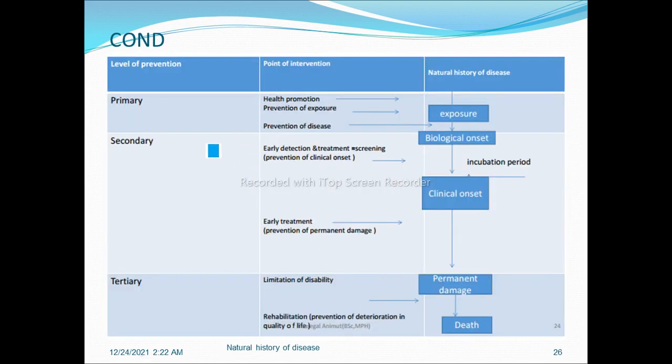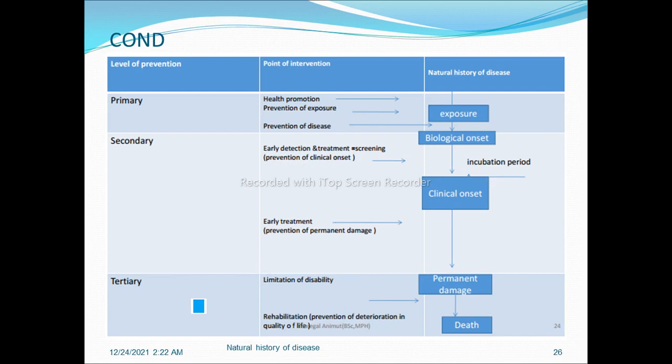Primary prevention includes health promotion, prevention of exposure, and prevention of disease, at the exposure or susceptibility stage. Secondary prevention is done at early detection and treatment, maybe screening, at biological onset and clinical onset. Early treatment happens at this stage.